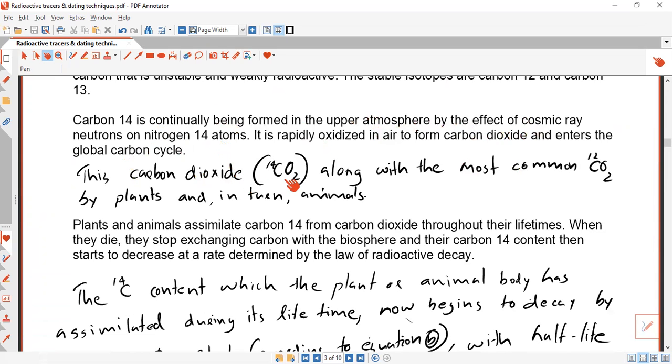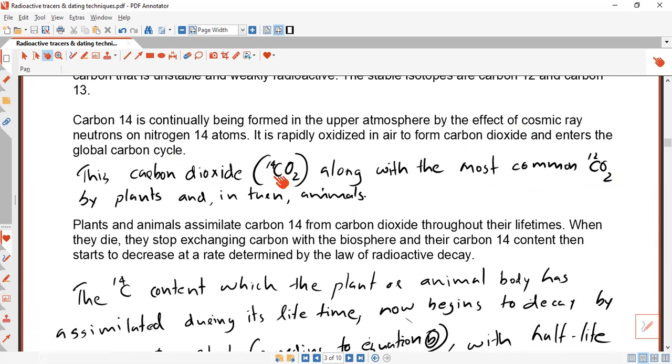This carbon-14 is readily oxidized in air to form carbon dioxide, which, along with the most common C-12 O2, is taken up by plants and animals and enters the global carbon cycle.